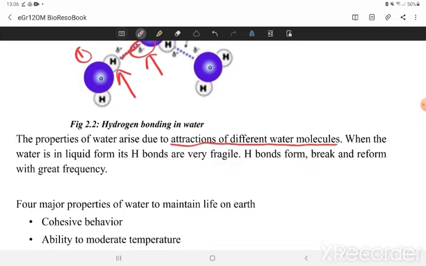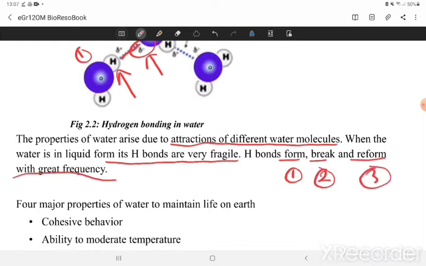When water is in liquid form, its hydrogen bonds are very fragile. What do you mean by fragile? Weak, right? So what happens to those hydrogen bonds? Number 1, they form. Number 2, they break. Number 3, they reform with a great frequency.